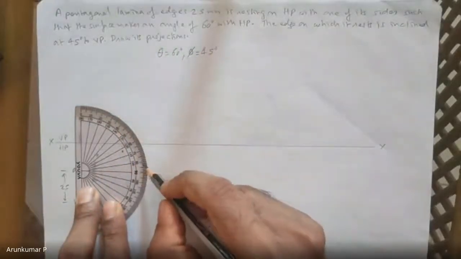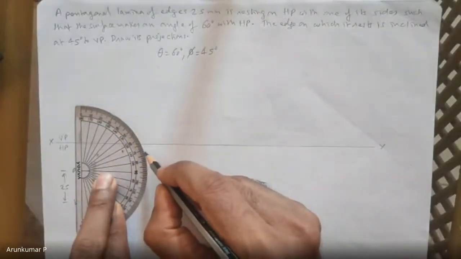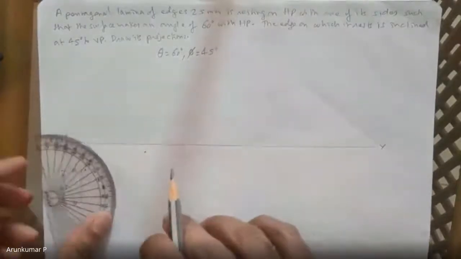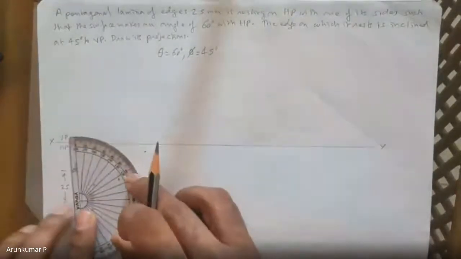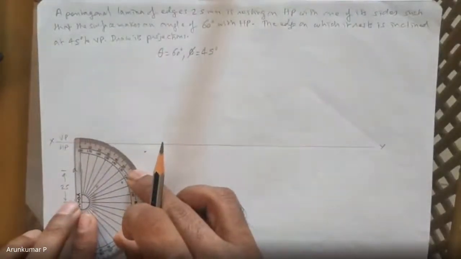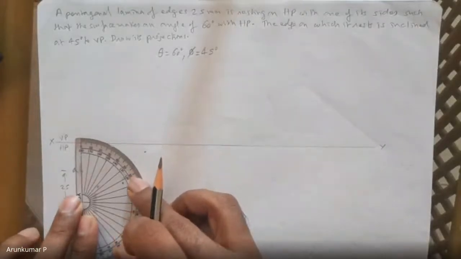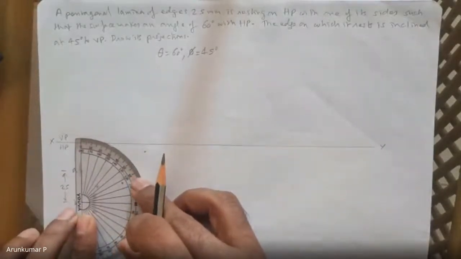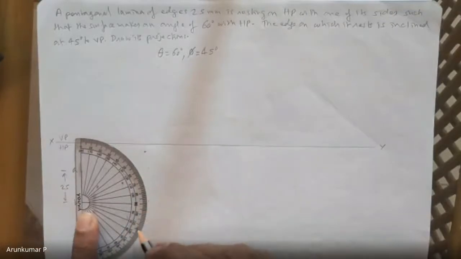So 90, 100, 108. Same thing here, 108. So measure 108 degrees at corner A and at corner B to draw the other two edges.